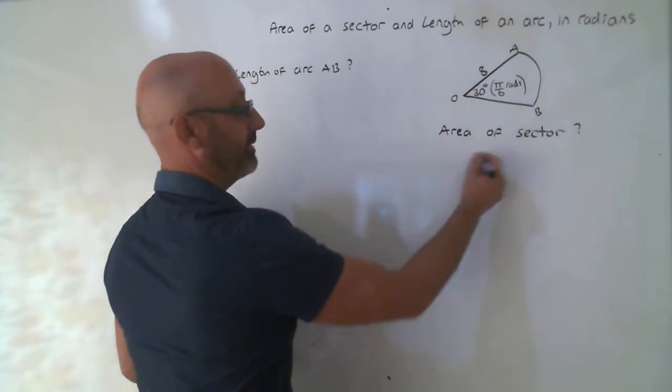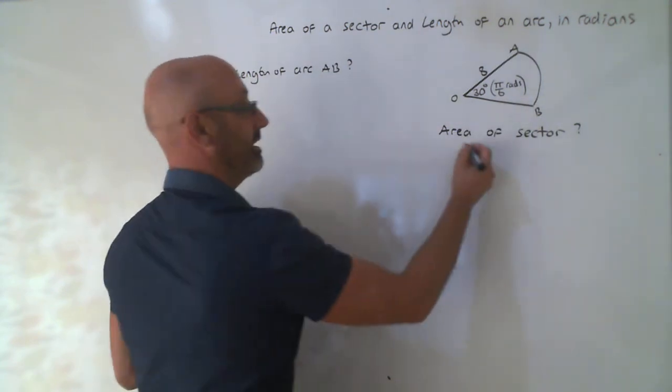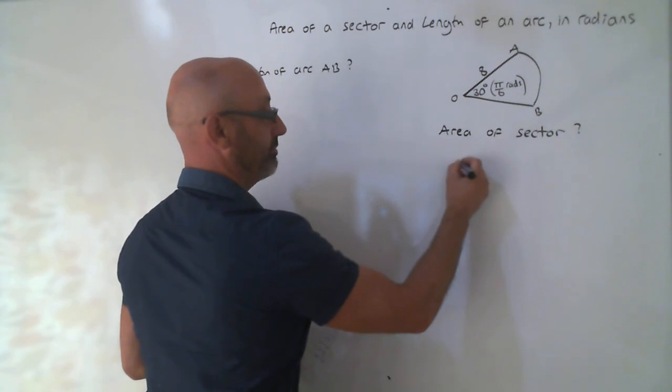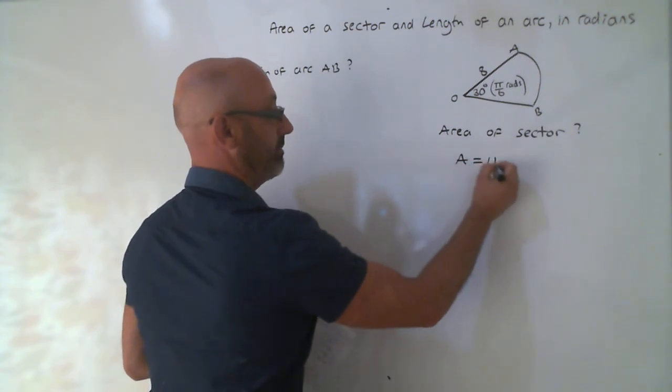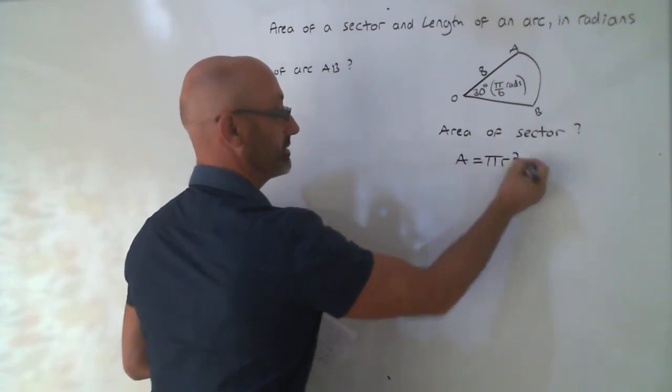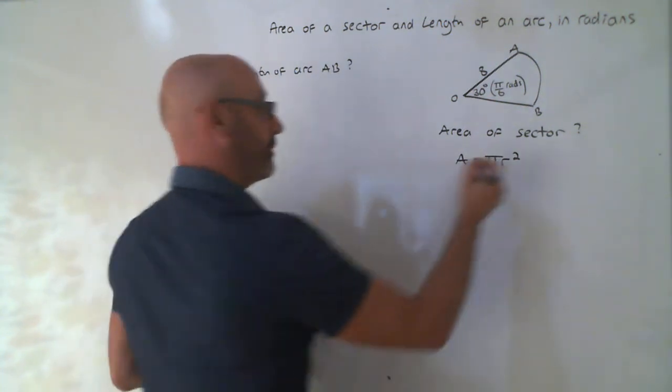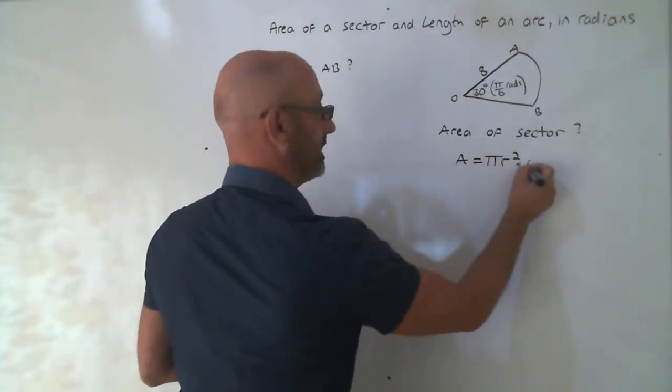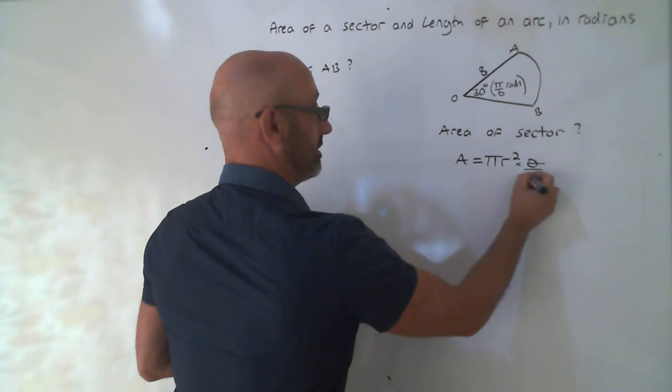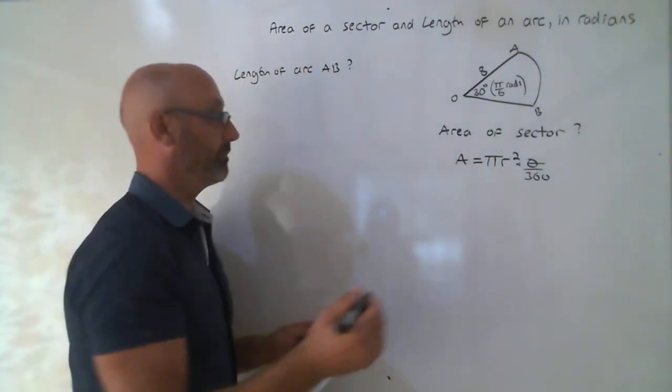So if we're working out the area of that sector, I imagine we would write down A equals pi r squared, and then we'd times it by theta over 360, wouldn't we?